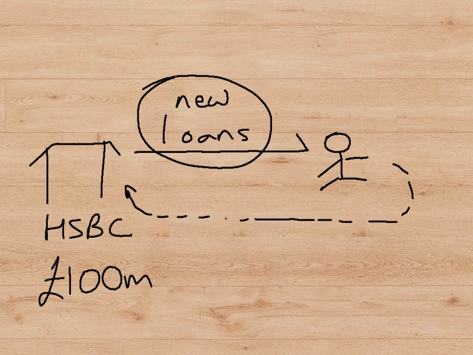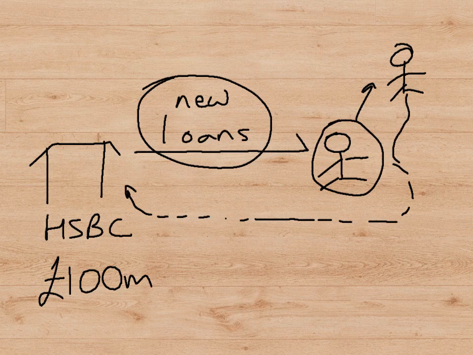Because when HSBC lends money to a customer of HSBC, that customer may pay that money to another person who may also be a customer of HSBC. So that person, when they receive the payment, will deposit the money back with HSBC. This is a very crucial part of the money creation mechanism.